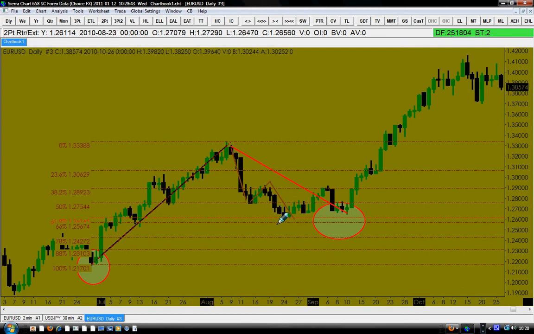According to my estimation here, they took a 61.8% profit. The movement from here to here, the price went down up to 61.8% of the movement from here to here. So this size is 61.8% of this size here.